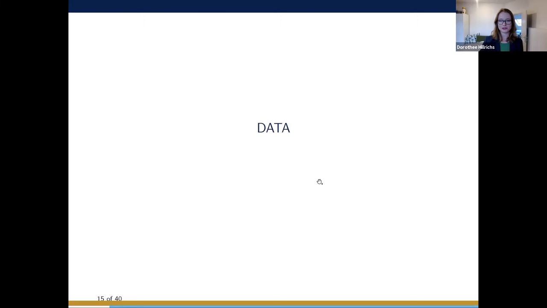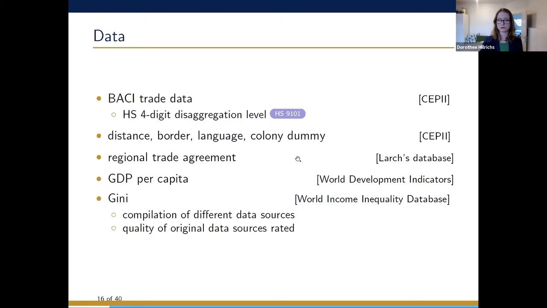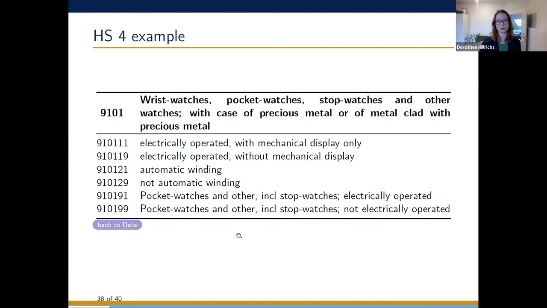And now let me use the remaining minutes to briefly show you the data that we use and then the results that we get. So when I talk about trade data, we have product flows that we're using, an example of this, for example, watches, it's a fairly detailed description of the product.